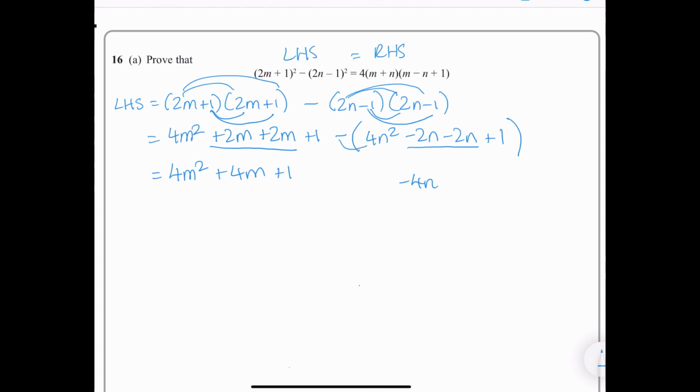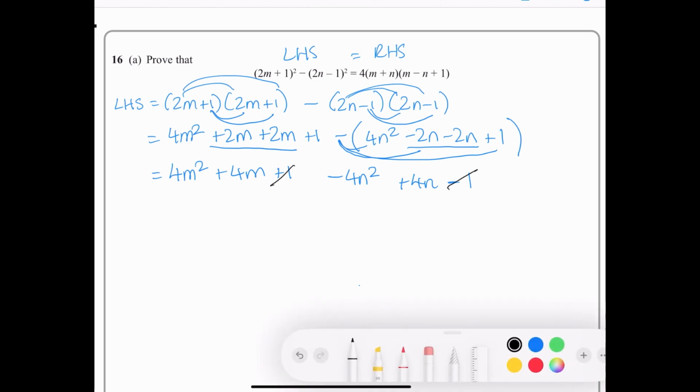So that minus times 4n squared gives me minus 4n squared. That original minus 4n that I had turns into a positive 4n, minus 4n times minus 1 is plus 4n. And then minus times a plus 1 is minus 1. Looking at that now, I can see that plus 1 and that minus 1 cancel out.